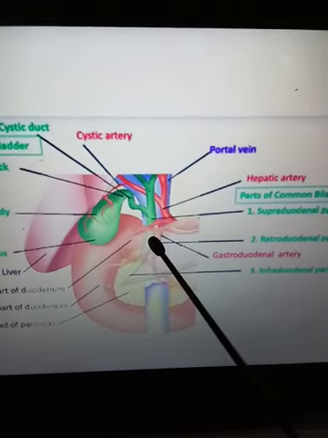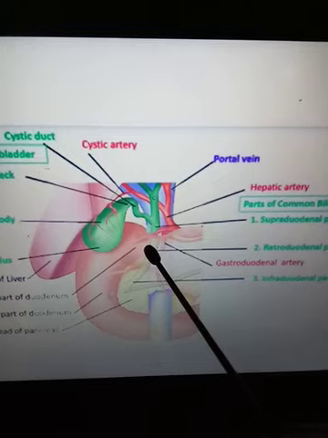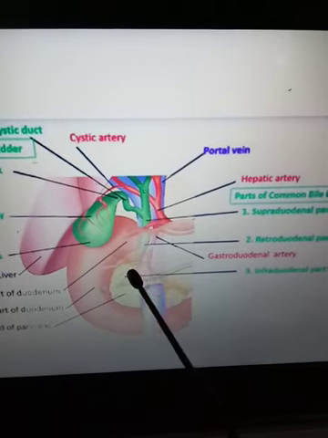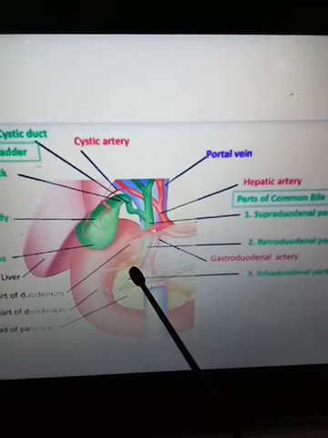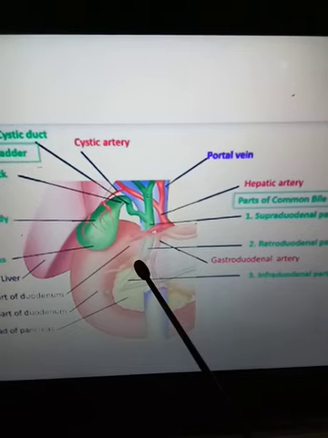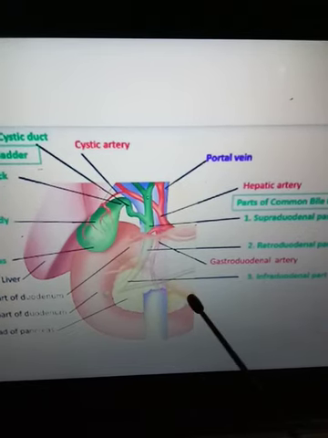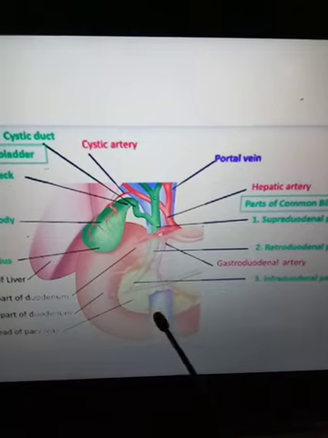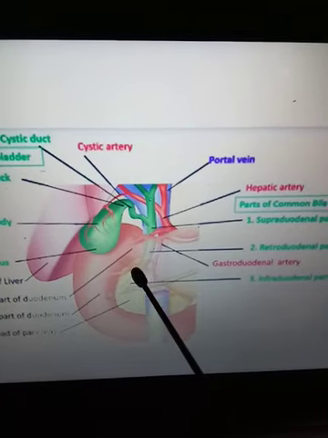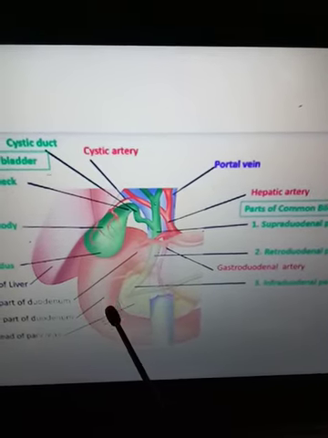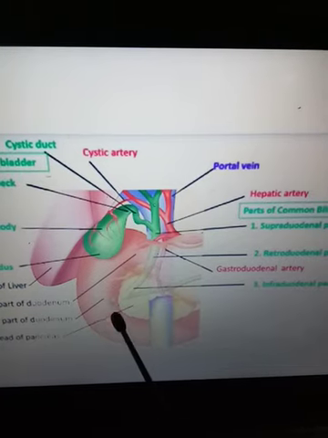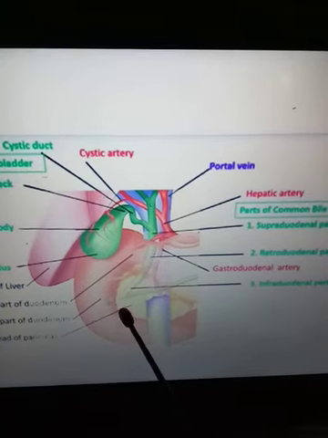Then retroduodenal is behind the duodenum. Then you have the infraduodenal, it is beneath the duodenum, and this part is behind the head of the pancreas. Then the intraduodenal, which is present in the second part of the duodenum along its posteromedial wall.